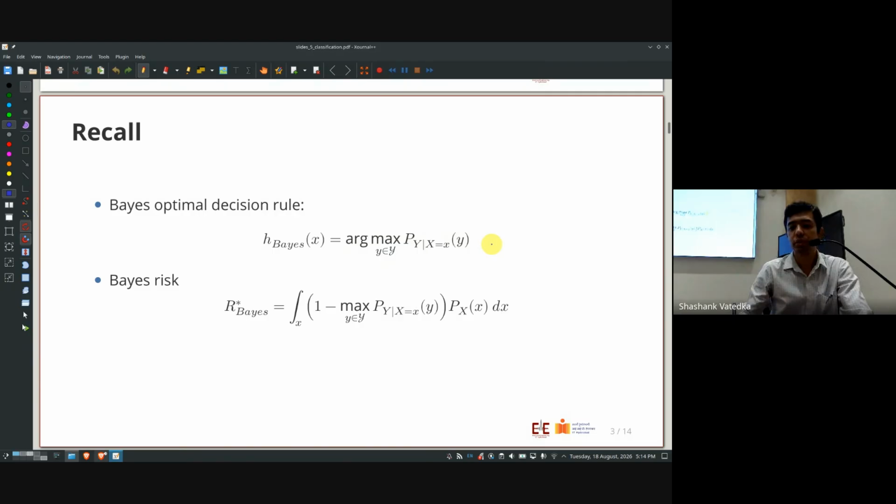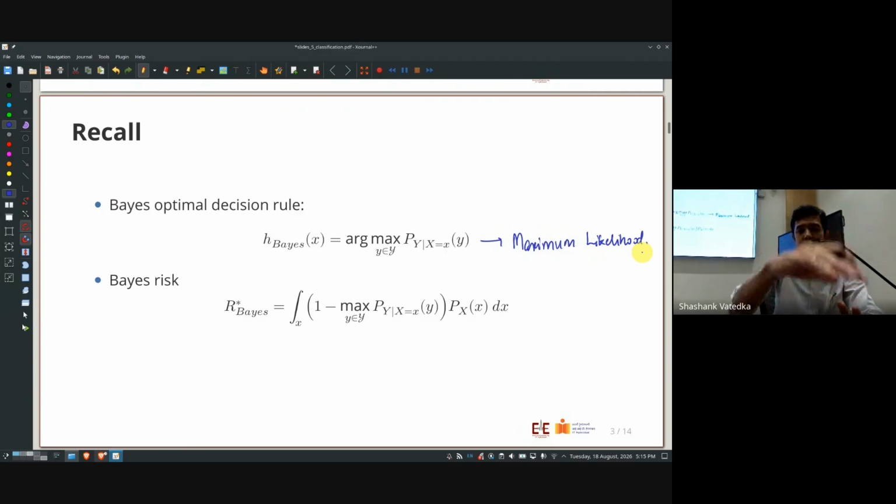So this essentially just corresponds to the maximum likelihood decision rule. So if we knew the joint distribution, or if we knew p(y given x), then the optimal choice of the predictor would be this, the Bayes optimal decision rule.